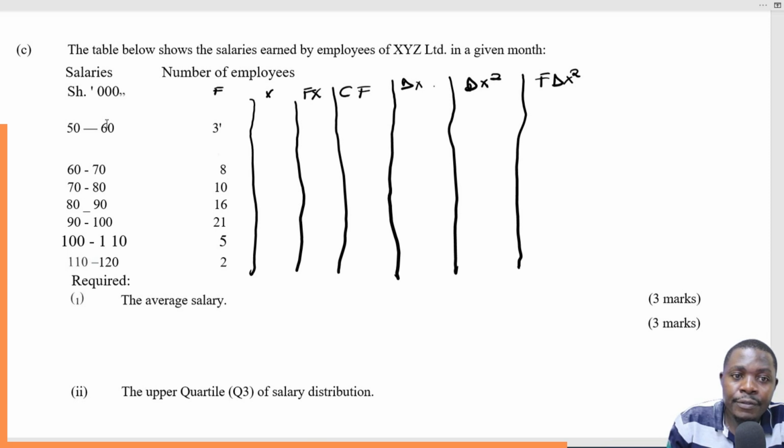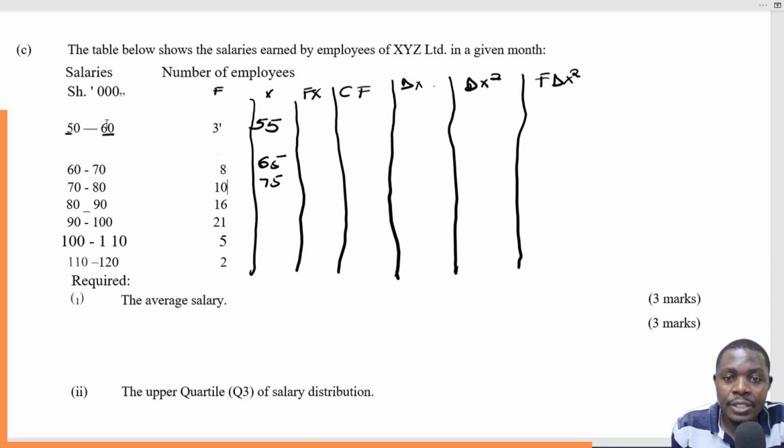Now the x is just simple. We can take 50 plus 60, that is 110. Divide by 2, you get 55. Now our x class midpoint is 55. Then 60 plus 70, 130. Divide by 2, that is 65. Then 70 to 80, also divide by 2, you should be getting 75.